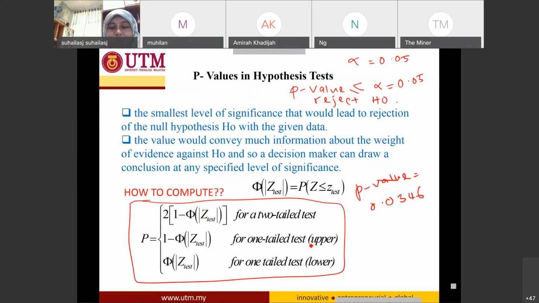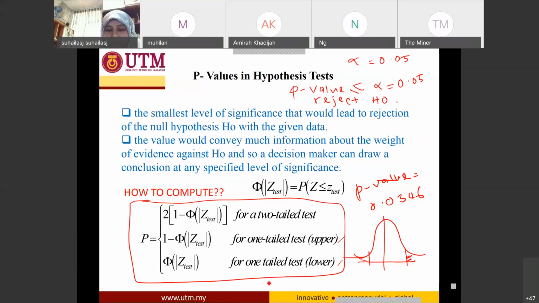Kalau for one-tail test, tengoklah sama ada upper ataupun lower. So kalau for one-tail test upper, you have 1 minus phi z test. Kalau for one-tail test lower, that means phi z test.